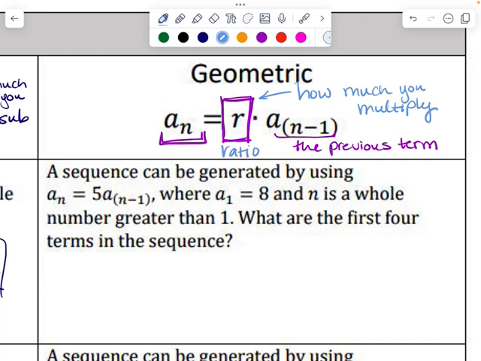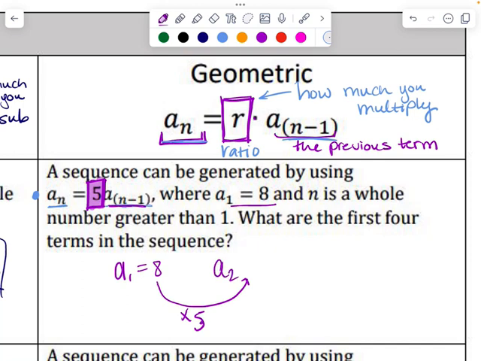So if I'm looking at the sequence generated by this formula right here, I can see that this is still the same as this. The only thing that really changed is it's telling me that I'm multiplying the previous term by 5 this time. So if I start off with a1 equals 8, to get the next number, I multiply times 5. 8 times 5 is a2 equals 40.